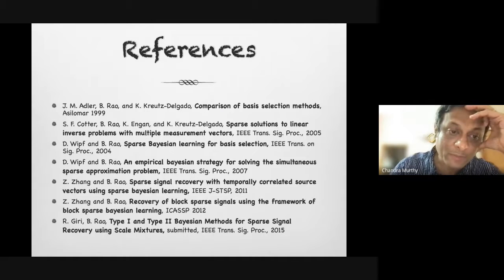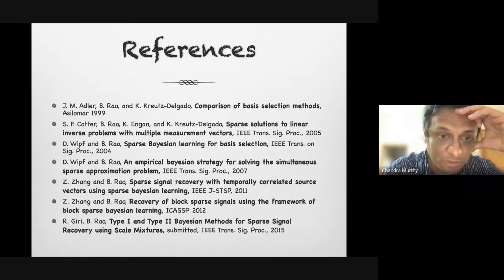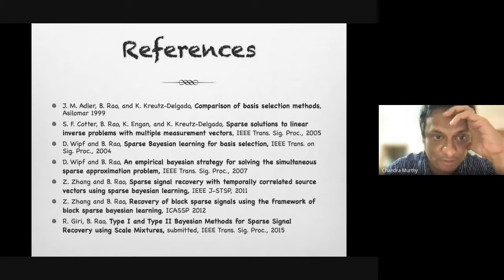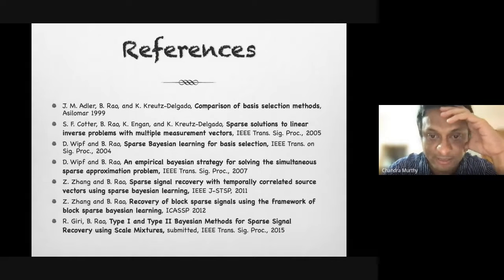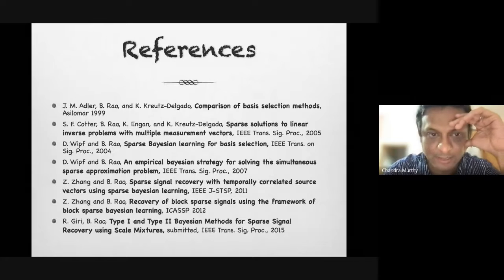The fourth reference here is one of the early papers that discussed the MSBL algorithm: Transactions on Signal Processing, 2007. Its title is An Empirical Bayesian Strategy for Solving the Simultaneous Sparse Approximation Problem. But there are other papers here.